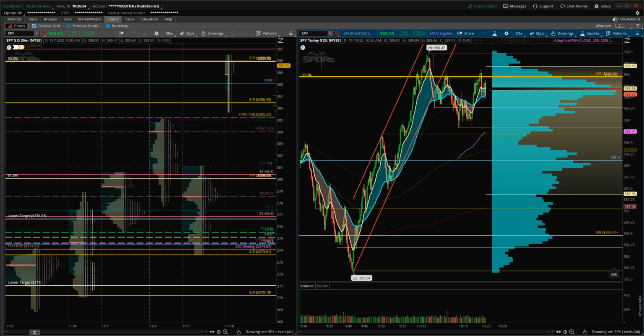All right, so these are the levels that we're looking at now, right? We've got this point of control that we're dancing across. We've got a little bit of resistance at a major resistance juncture, our 50% retracement and our support resistance line. Then we've got some more minor ones, one at the high of the day, 390.47, which is also at the top of a supply zone. And then we've got some minor supports down here where we had a first reaction.